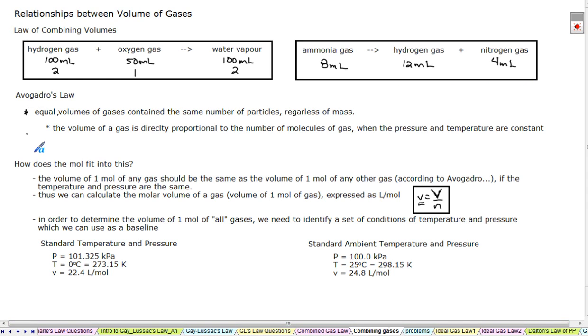And so the volume of a gas is directly proportional to the number of molecules, and what that translates into is number of moles. So number of molecules, number of moles of gas. However, a big caveat to that is that the pressure and temperature are constant. And so in order to have this, we need to have standard conditions.